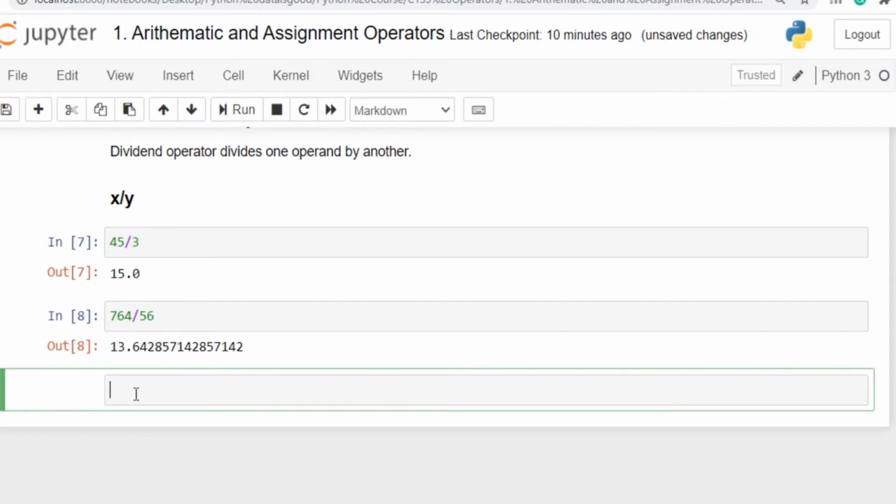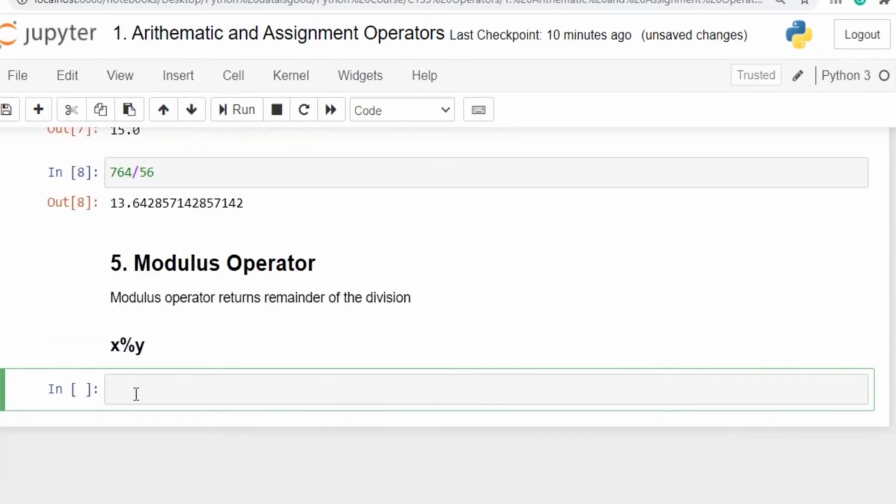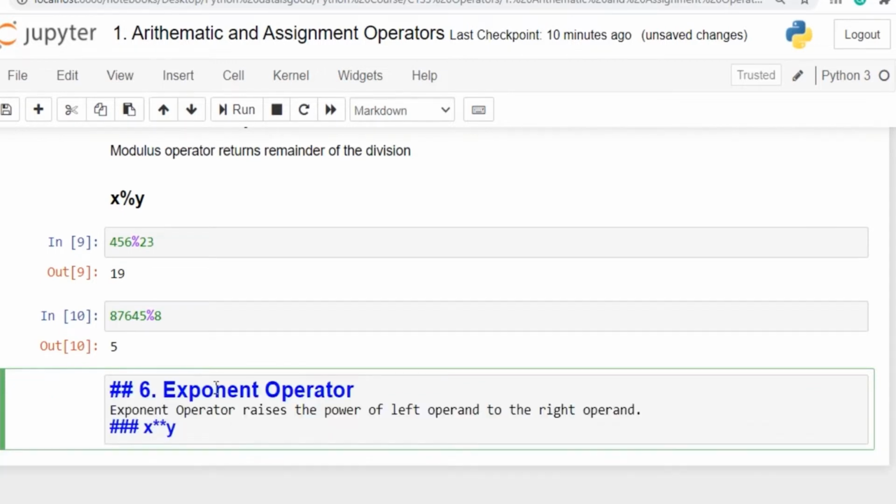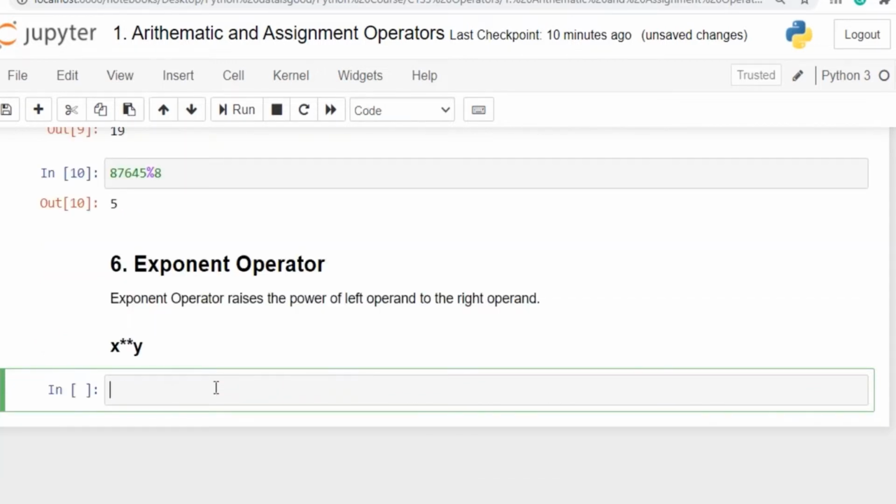Next we have the modulus operator, which returns the remainder of the division. For example, x modulo y. 456 modulo 23 is equal to 19. 87645 modulo 8 is equal to 5. Next we have the exponent operator, which raises the power of the left operand to the right operand.